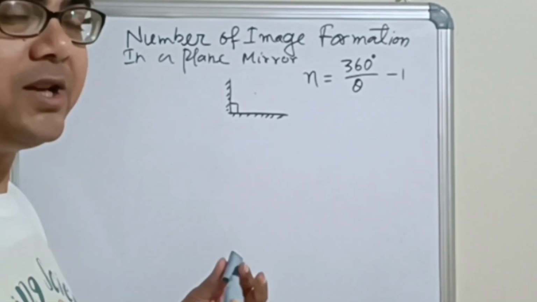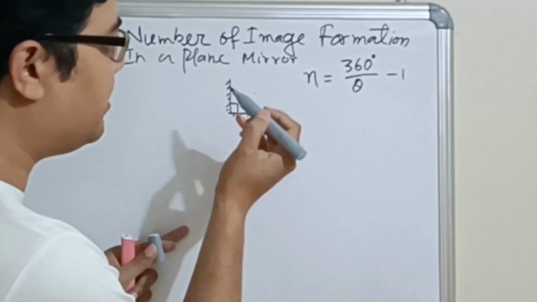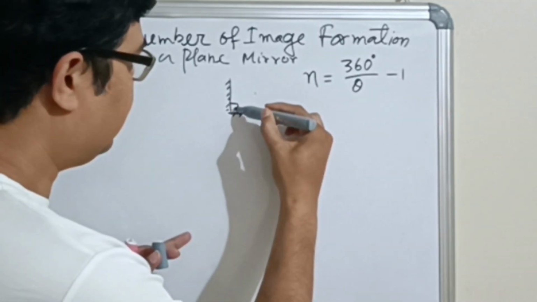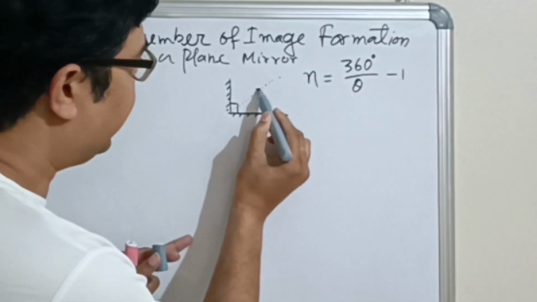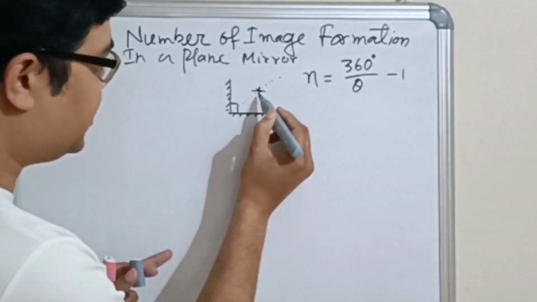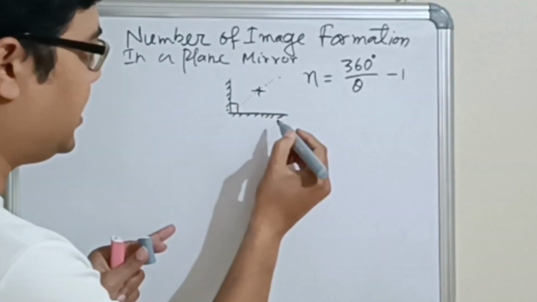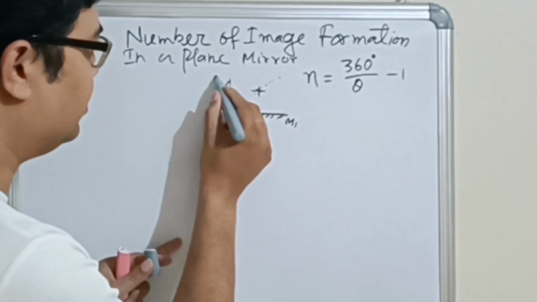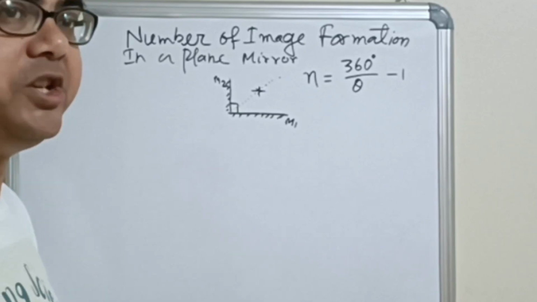What do you mean by symmetrically? The same distance from both the mirrors. This is called the symmetry line. Here an object is placed, and this distance and this distance are equal from both the mirrors M1 and M2. This is called the symmetrical position of the object.